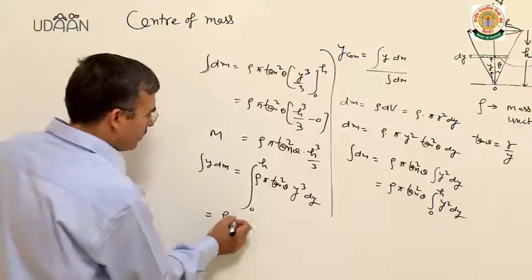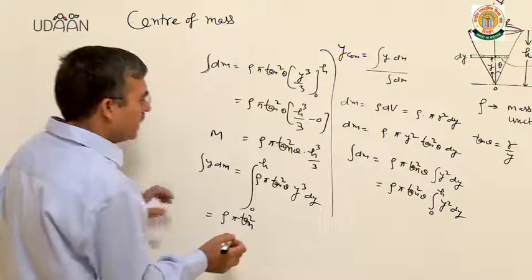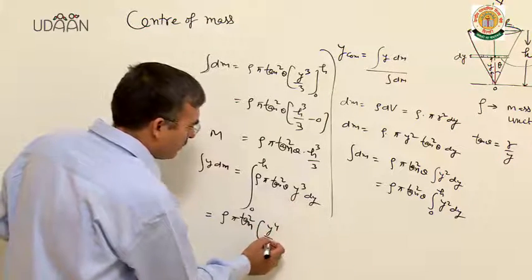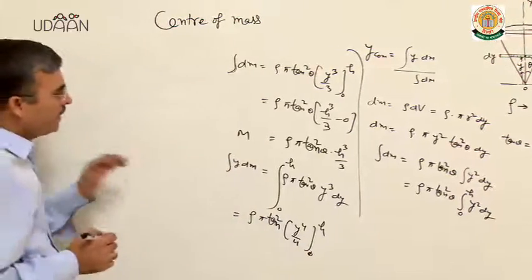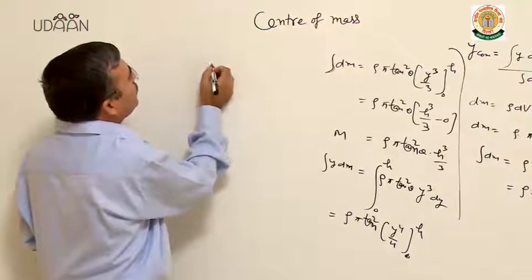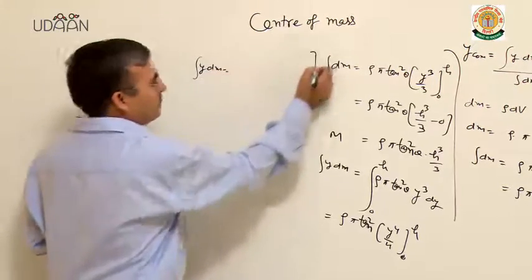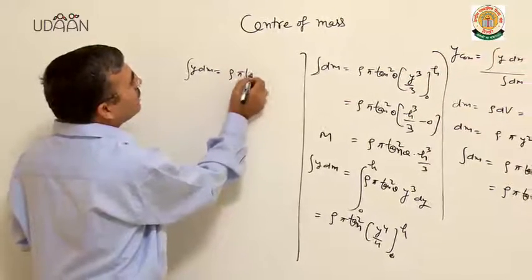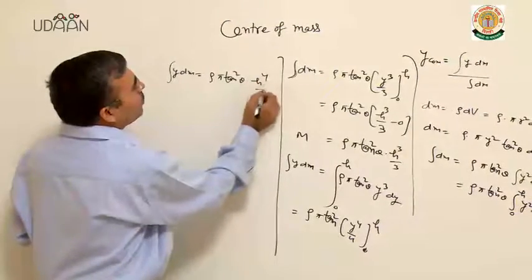This will be rho into pi into tan square theta, integration of y cube is y 4 by 4, from 0 to h. Now if you simplify it, you will get integration y dm equal to rho into pi into tan square theta h 4 over 4.